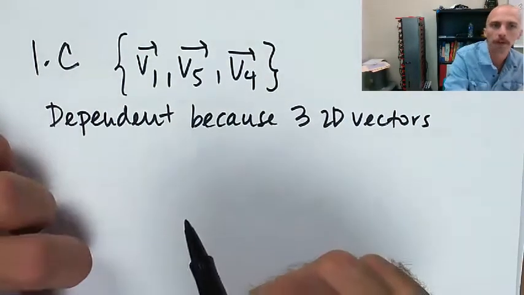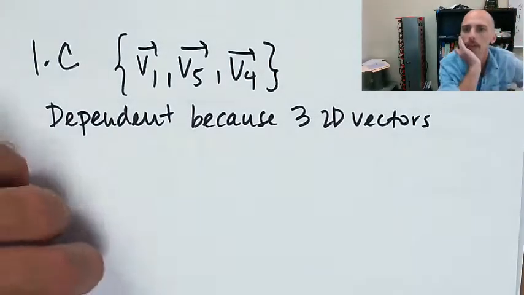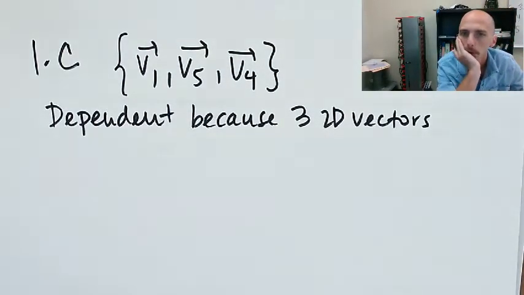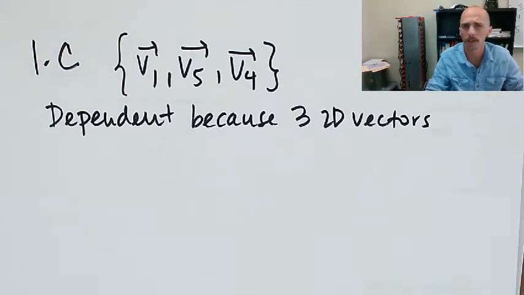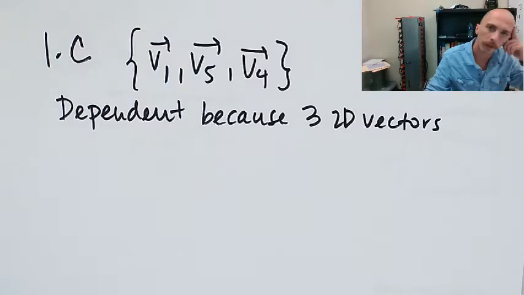I'm just going to take one of, let me actually look at this, be a little smarter. Hold on, V1, V4, and V5. I'm not seeing it. I'm pretty sure there's something I can do.